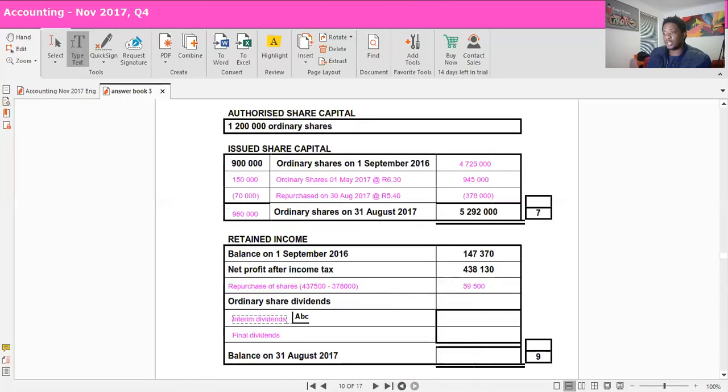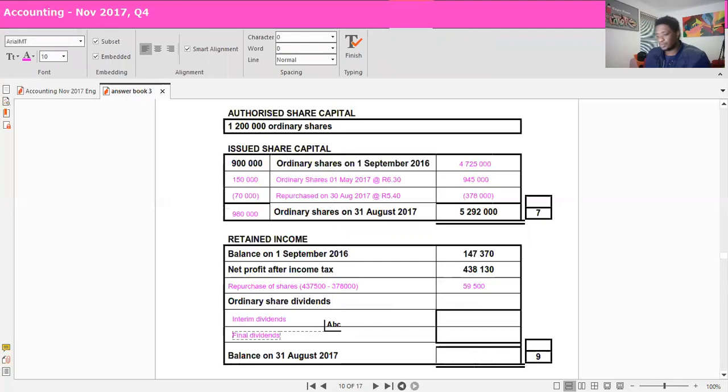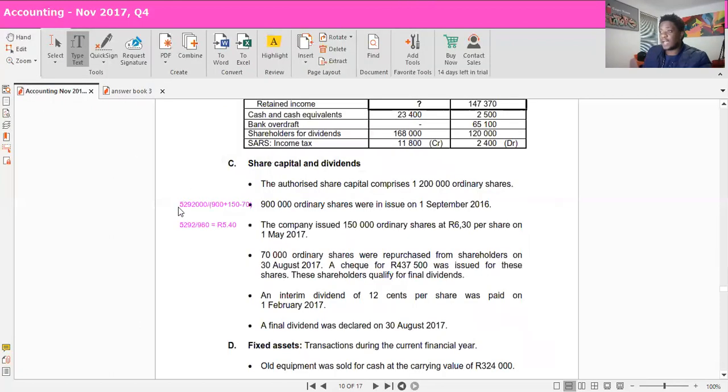So in this case, we would say 900,000 multiplied by 12 cents, which is 0.12. And then the dividend would be 108,000.